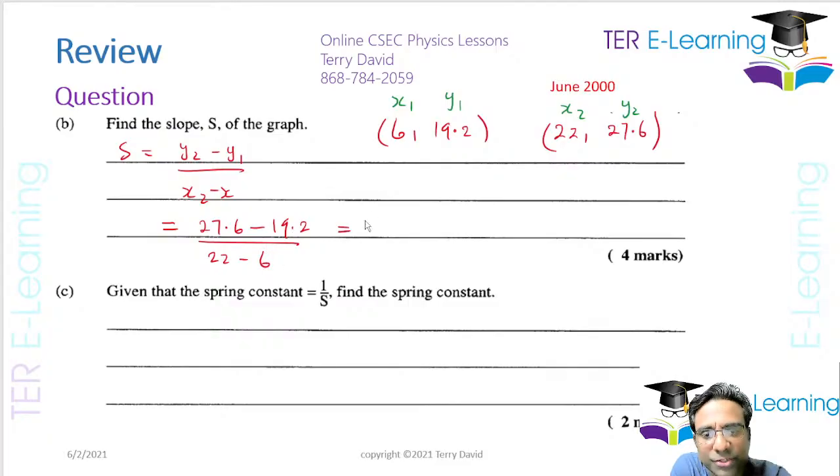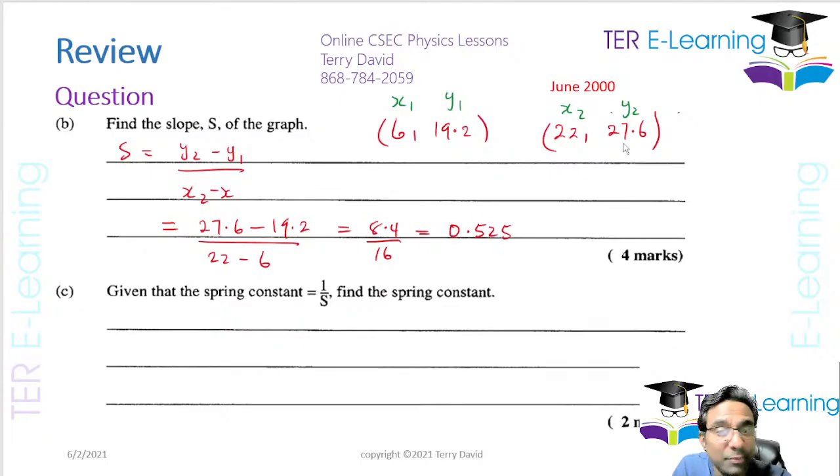So guys, you all can try the question, remembering I'm trying to draw it on a screen here, not actual graph paper, so you might get something slightly different. So 27.6 minus 19.2, I'm going to get 8.4 over 22 minus 6, you're going to get 16. So it is 8.4 divided by 16, and I'm going to get 0.525.